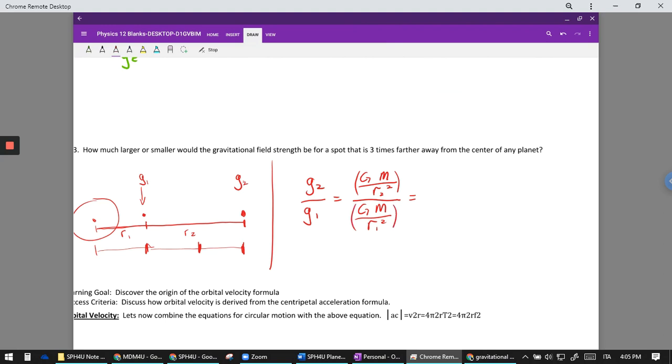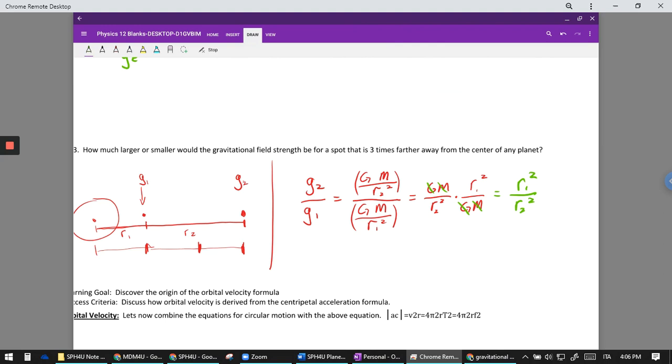That's G times the mass of the planet over R2 squared, times R1 squared over G times the mass of the planet, because remember, when you divide by a fraction, you multiply by its reciprocal. Oh, but look at this. This is spectacular. G actually just cancels with G. Wait, the mass of the planet is the same in both cases. So this is actually just going to end up being R1 squared over R2 squared, right?